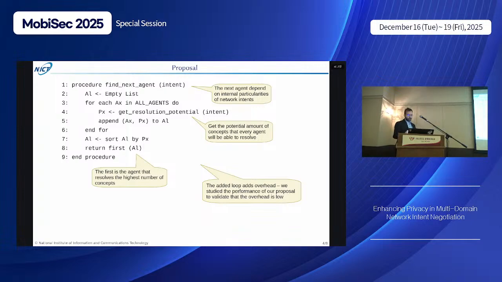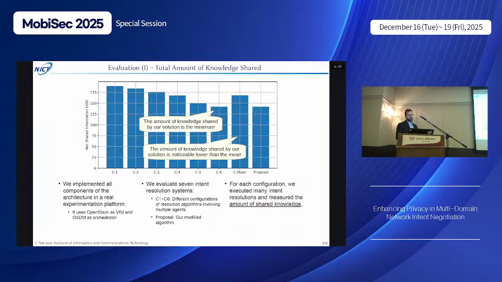Okay, so we evaluated that by measuring the number of concepts that were exchanged, sent from one agent to the next one, in one scenario that resolved many network intents, with different configurations of this multi-agent system.